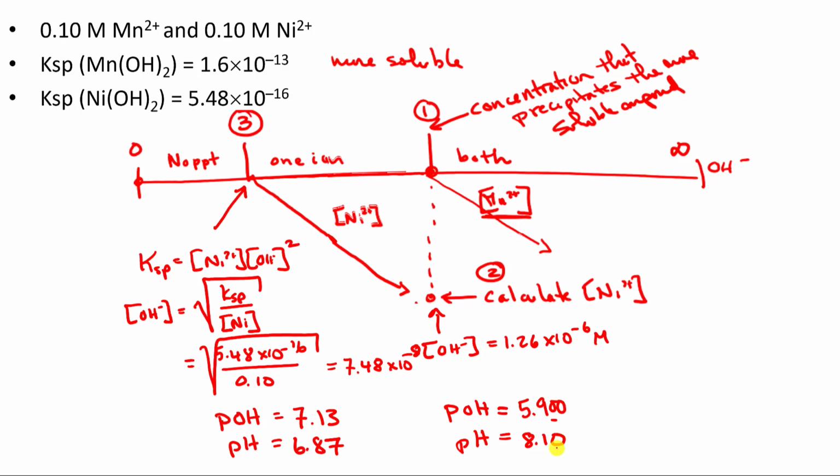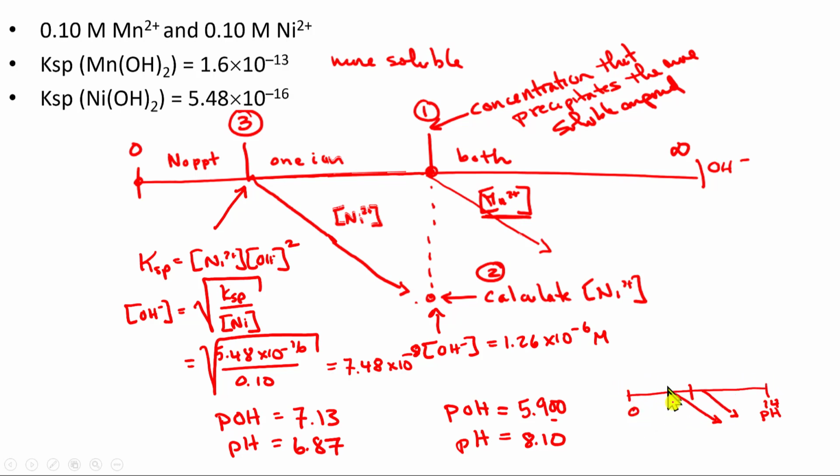Now, here's what you have to remember too, in terms of the directions in which you're going. If I was building another number line like this, and I was doing it on pH, this is hydroxide going up. So if I put high pH over here and low pH over here, so let's say 0 and 14, then between 6.87 and 8.0, that's the way the solubilities will be changing, as I'm going from low pH to high pH.